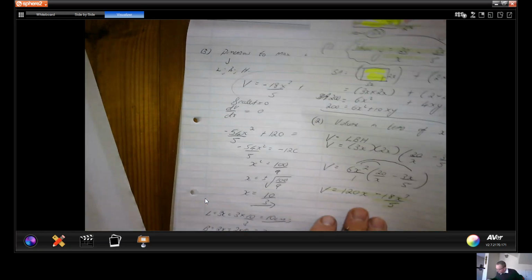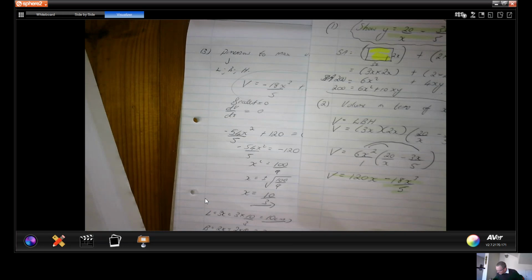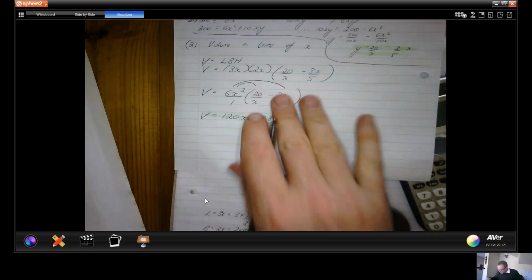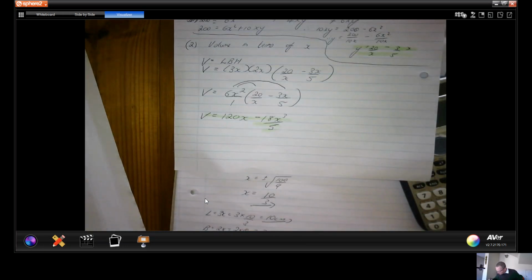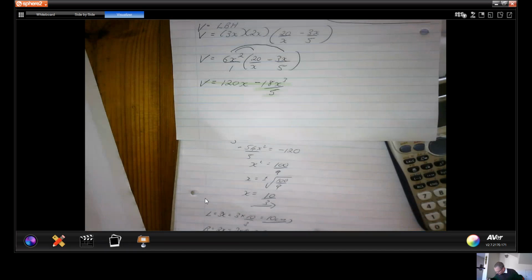And then we're going to have the height, and the height is y, but we know that y is equal to 20 over x minus 3x over 5. So it's 20 divided by x, and x is equal to 10 over 3.